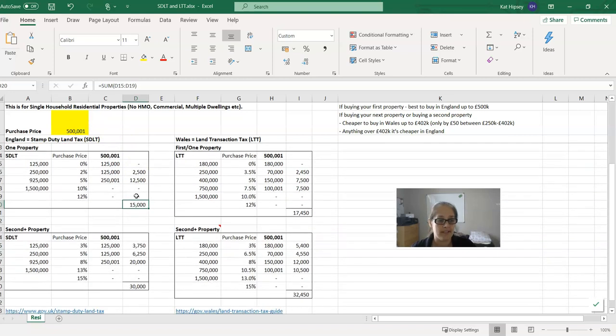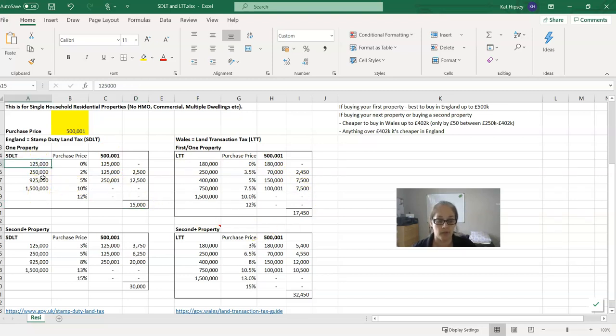Let's say you are either buying your first property in Wales, where there's no relief, or you're just paying regular stamp duty. This is the one that most people will end up using. If you're buying your own home, this is typically the calculator you need to use. As you can see, there are different thresholds.